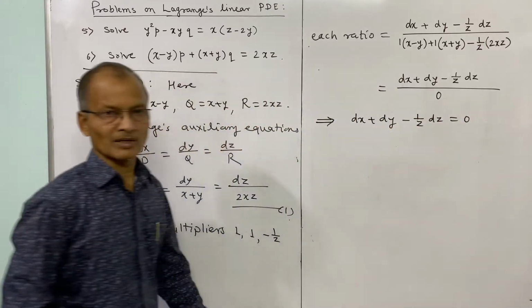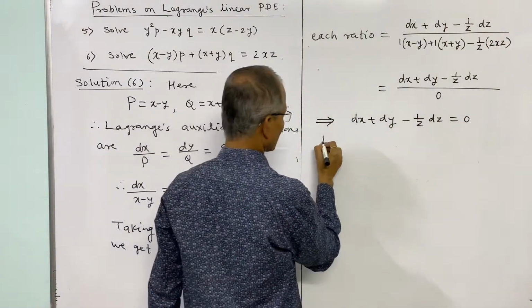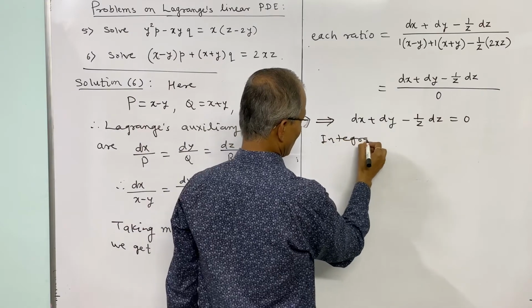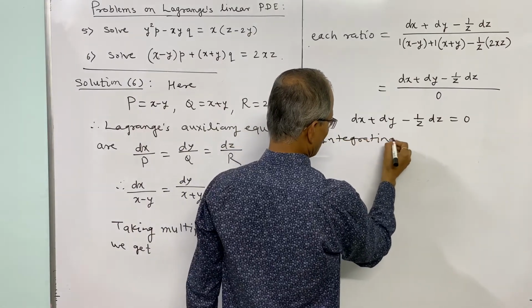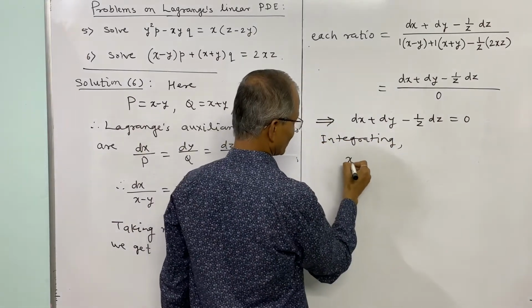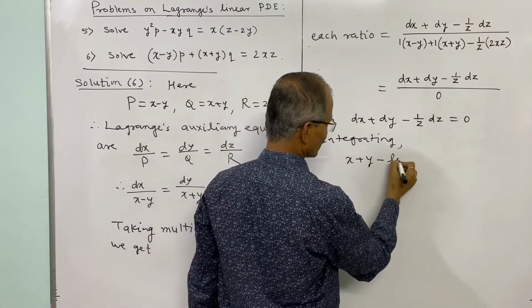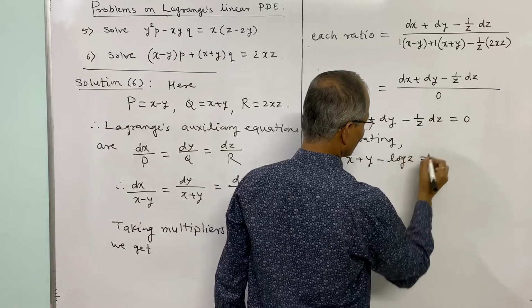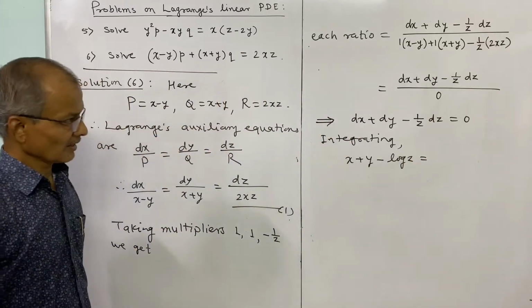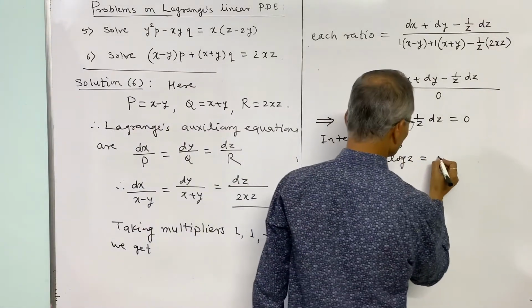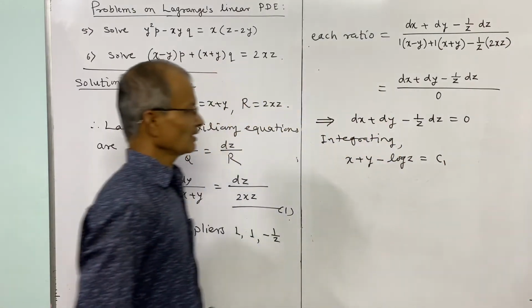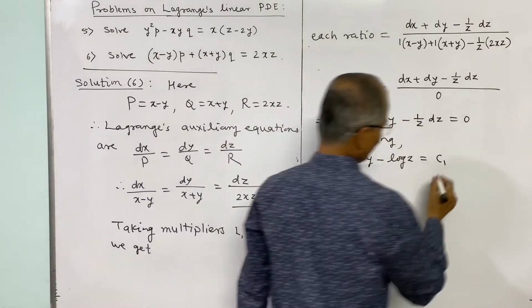Now this is integrable, so integrating, what we get is x plus y minus the integration of 1 by z dz, which is log z, equal to say c1, and thus this is our first solution.